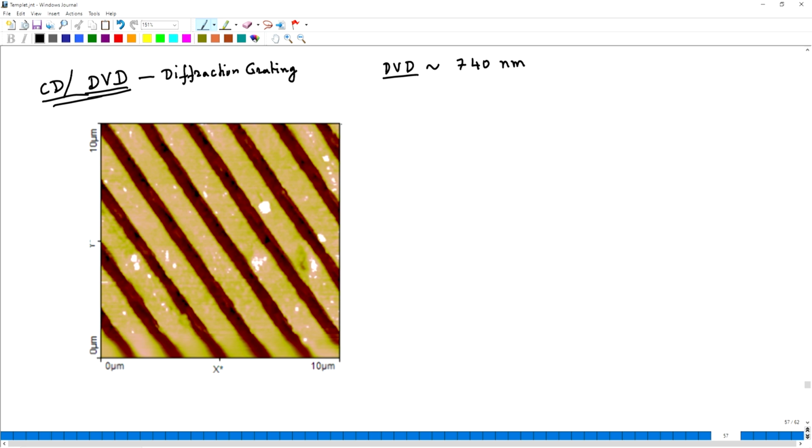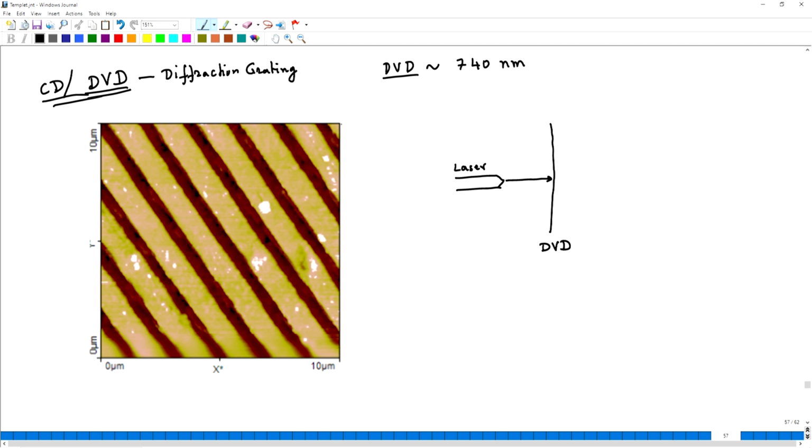Now, I will take a DVD, let me just show a side view of it, and I take a laser and shoot a laser beam onto the DVD. Before that, of course, I have to remove the label part of the DVD.